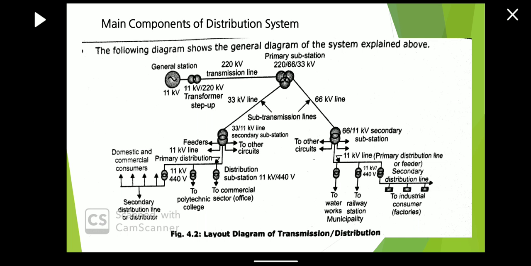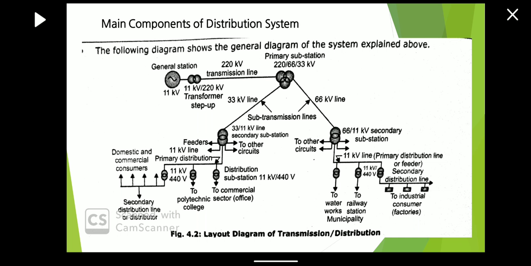This transmission line is connected to the primary substation. The primary substation has a rating of 220 by 66 by 33 kV. Then this primary substation is connected to the sub transmission system having 33 kV lines and 66 kV lines. Then 33 by 11 kV secondary substations are used.